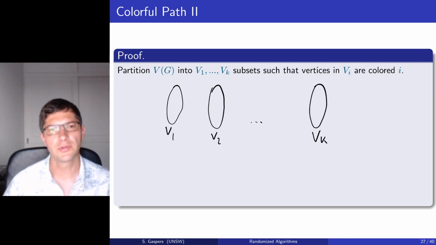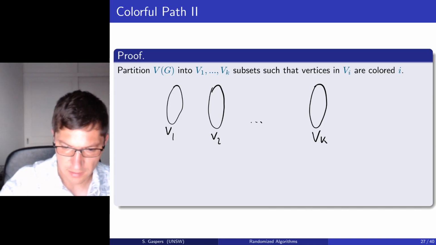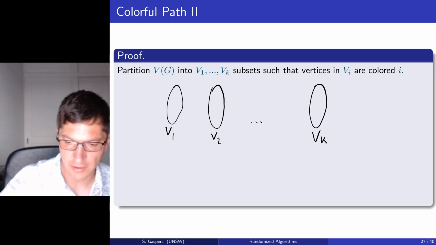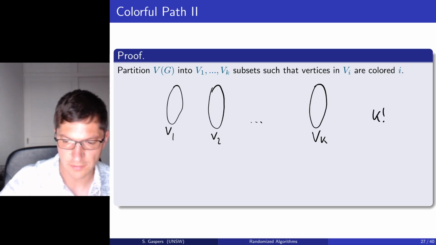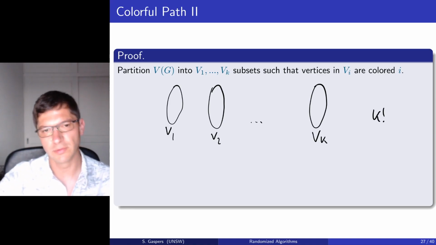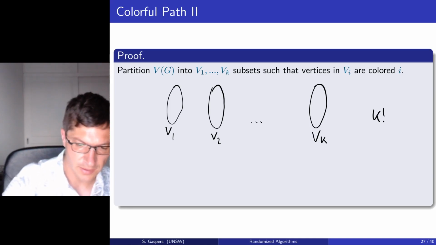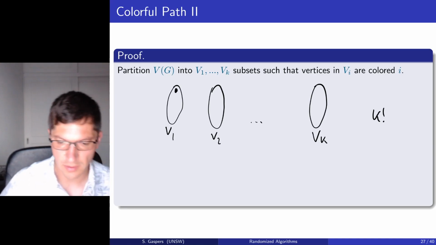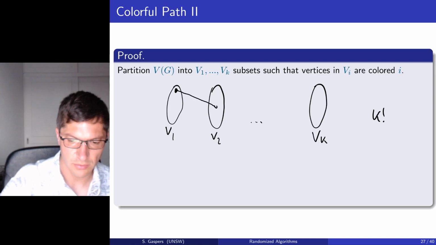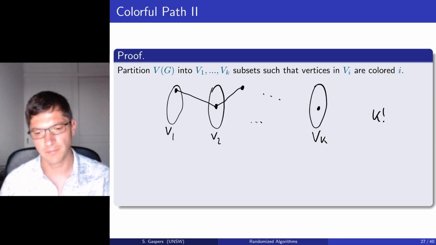Actually, let me first show you a simpler but slower algorithm. Let's say we go through all k factorial orderings of the color classes. Let's say 1, 2, 3, up to k is the ordering that you have chosen. Now the question is whether there's a path from a vertex in V1 to a vertex in V2 to a vertex in V3, etc., to a vertex in Vk.